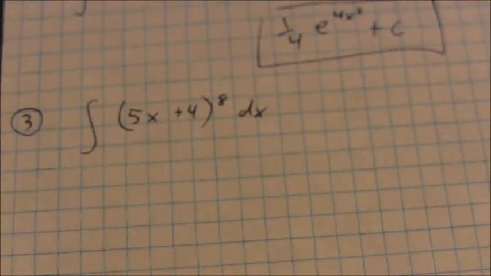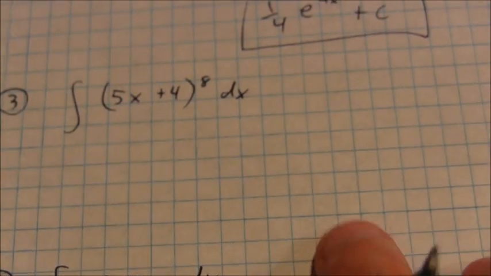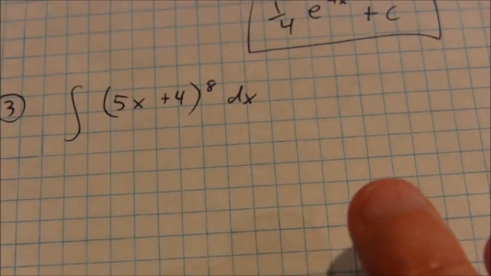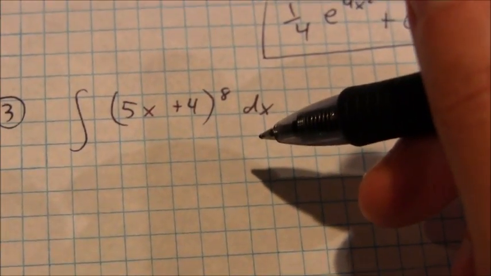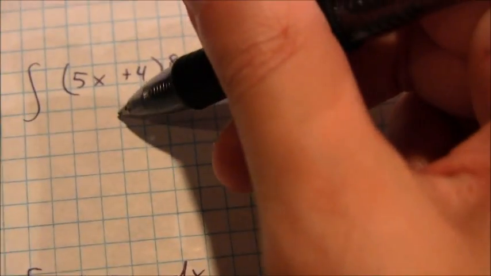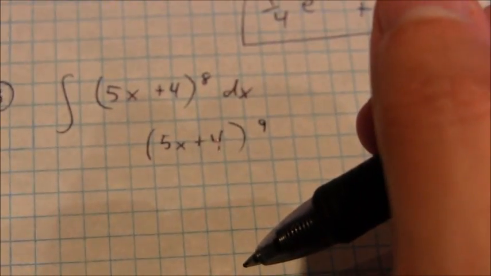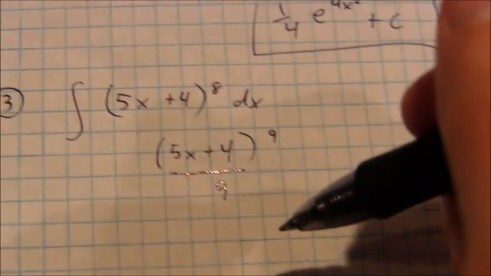In this problem, standard 8th power function, not one I'm going to be able to expand. Of course, if I had u to the 8th power, the new function would end up being taken to the 9th power, so I'm going to keep the same inside function, raise it to the 9th, but I need to balance by dividing by 9.